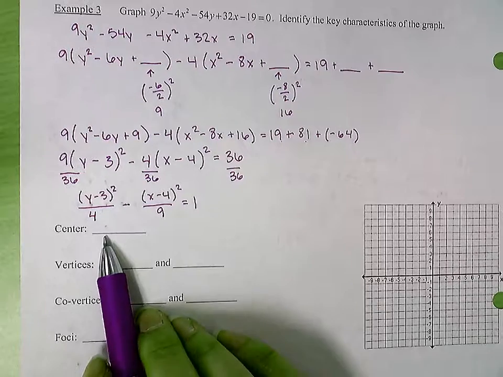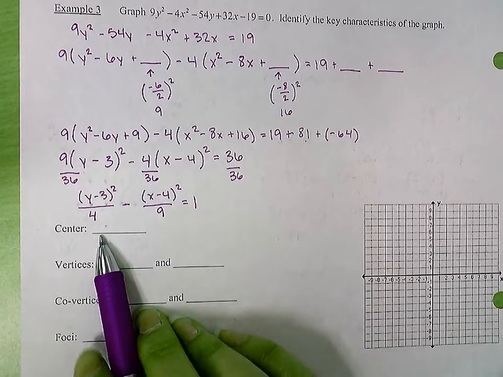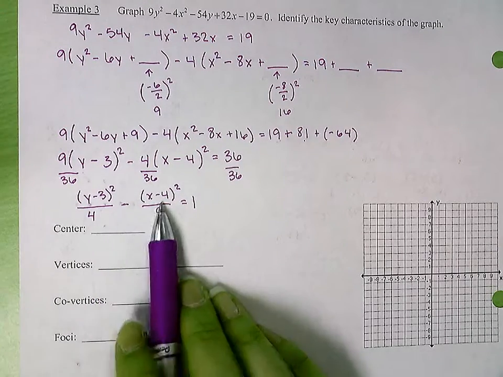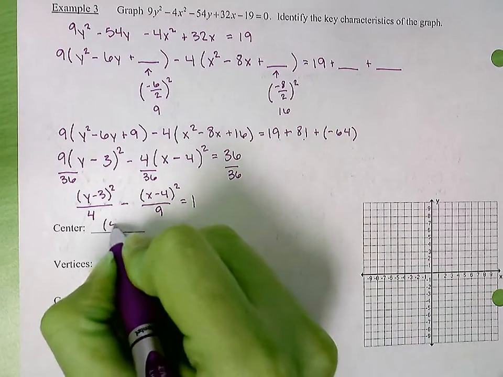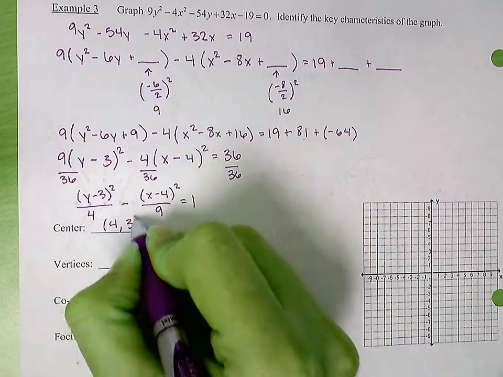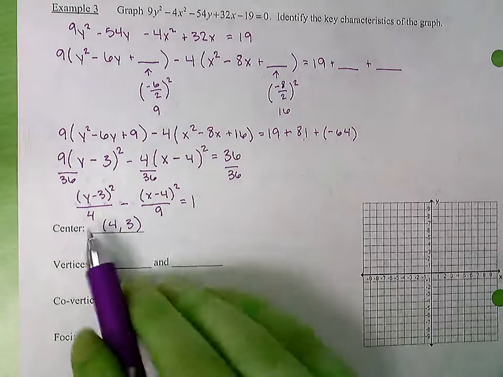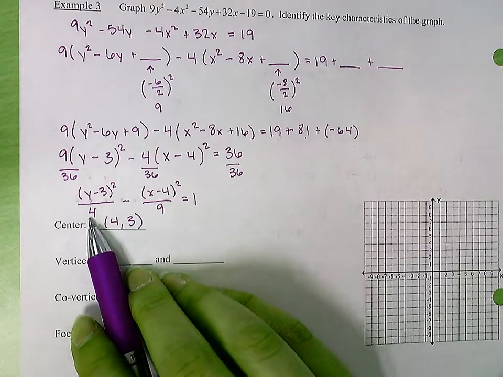Okay, now I can find my center point. Center, H is with X, K is with Y. So we have 4, 3. Our A squared value is always that first one.